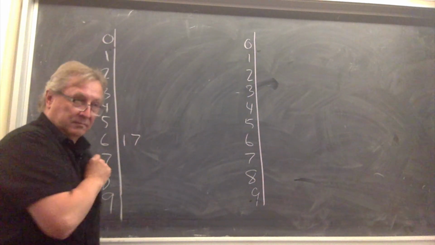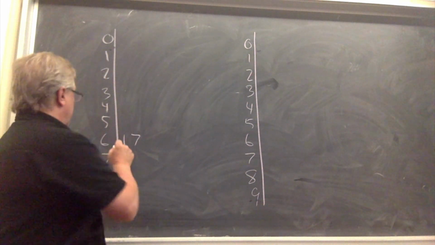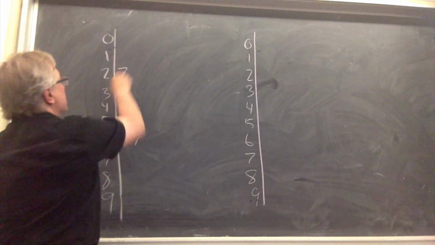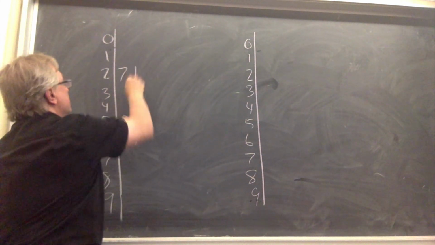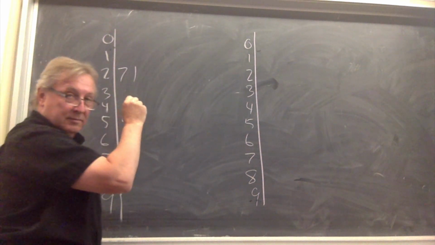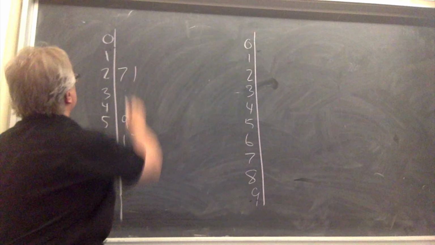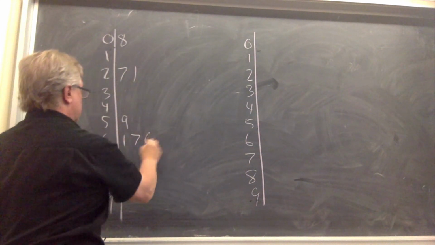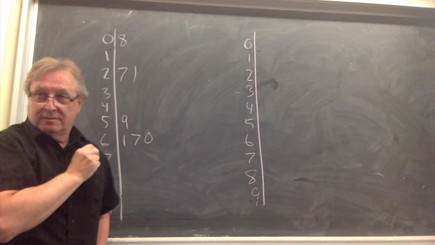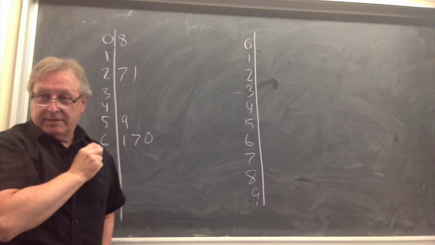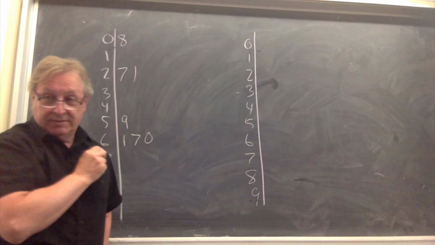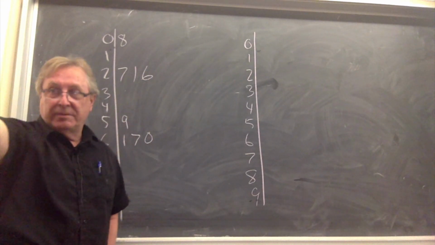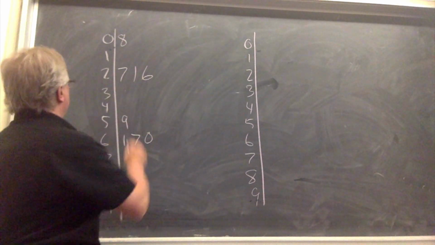67. 59, 27, 21, 08, 60. Keep going faster. Who's next? Wake up. 26, next. No, stay in the middle, just go back and forth. So 43.